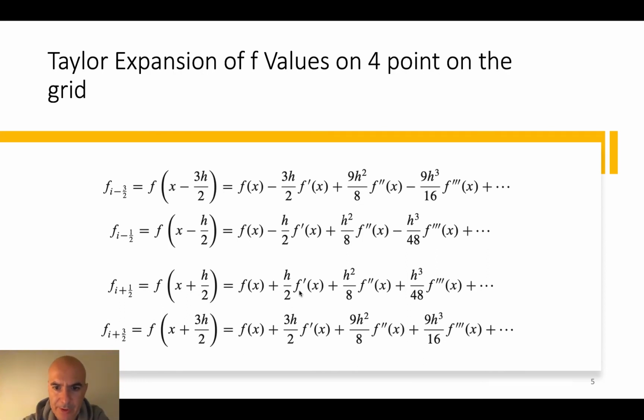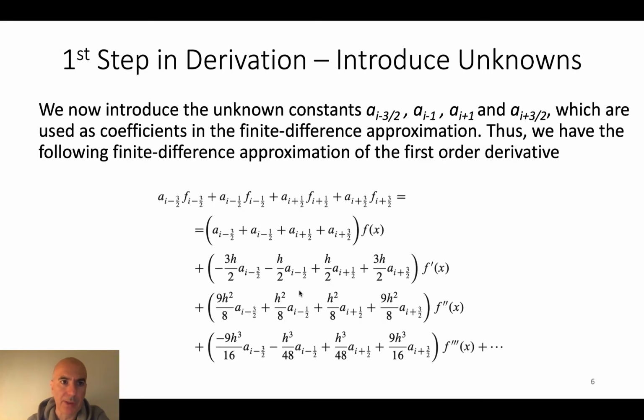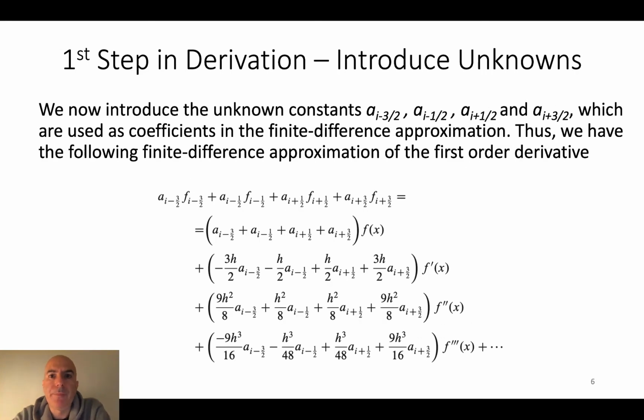This is the expression that we get from the Taylor expansion. The first step of our derivation is to introduce 4 unknowns called A. We introduce 4 coefficients, one for each of the 4 points involved in the stencil, and these coefficients will be used in the finite difference approximation.